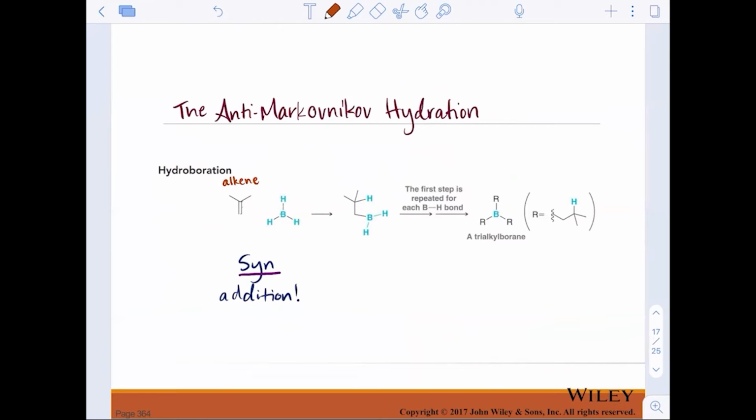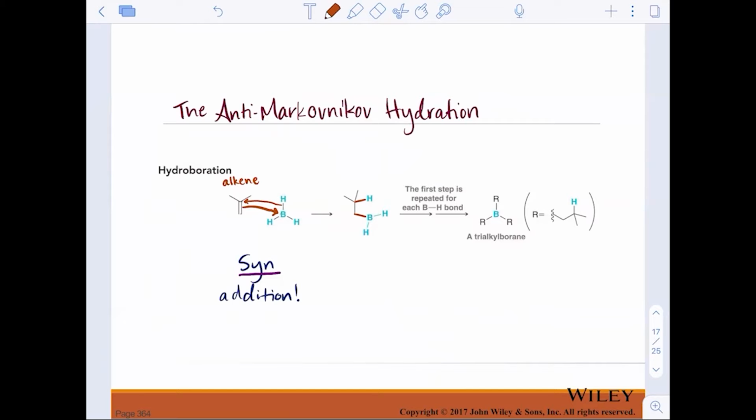So when BH3 approaches this alkene, the nucleophile, being the alkene, will attack our boron electrophile, and then hydrogen will come right back and form a new carbon-hydrogen bond. So the boron to carbon bond is being added at the same time that the carbon to hydrogen is being added. This is syn addition.